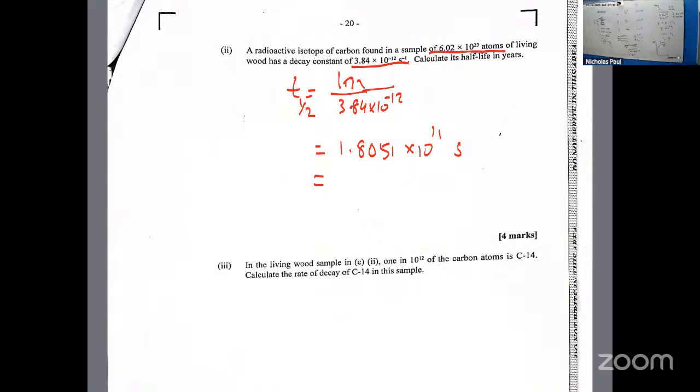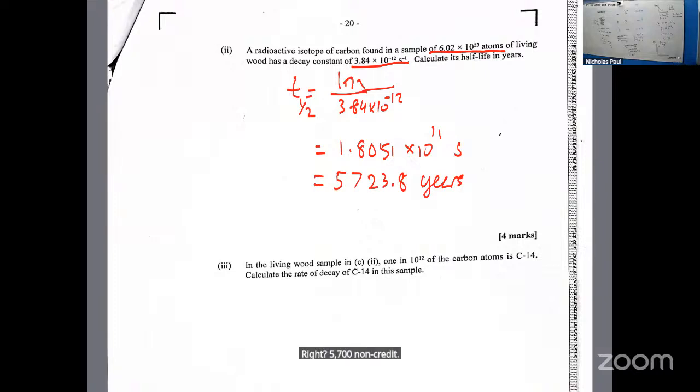How many years did you all get? 5,723.8 years.